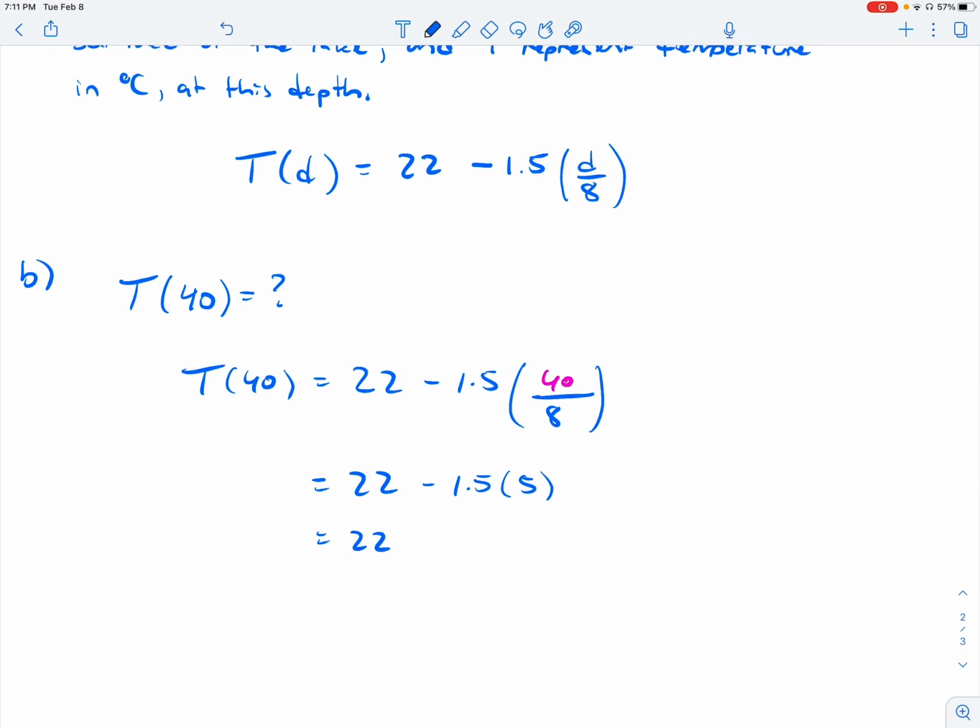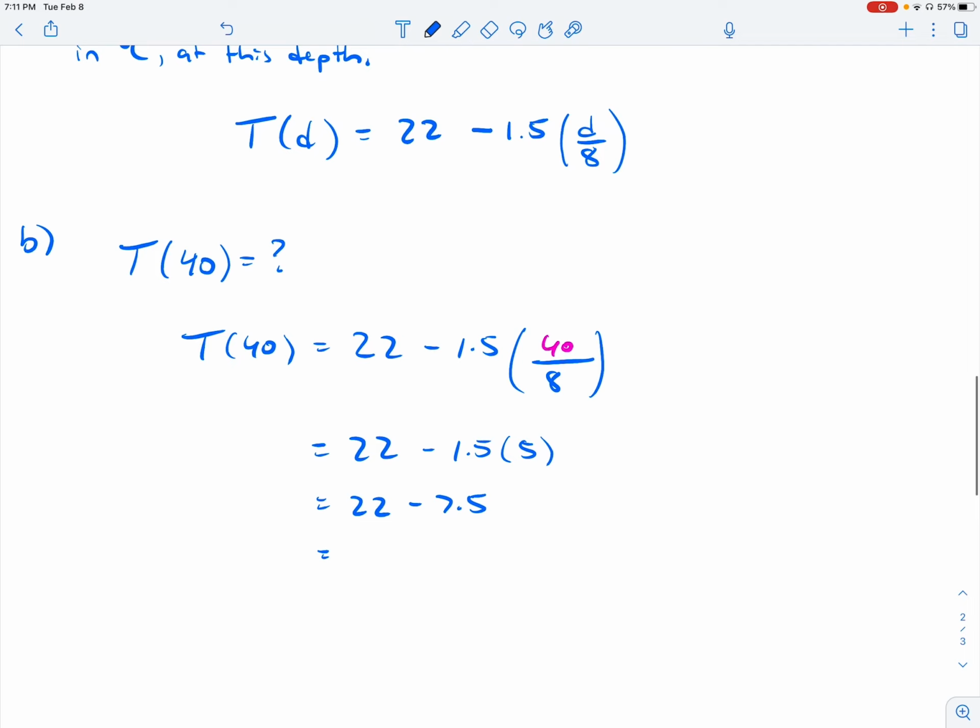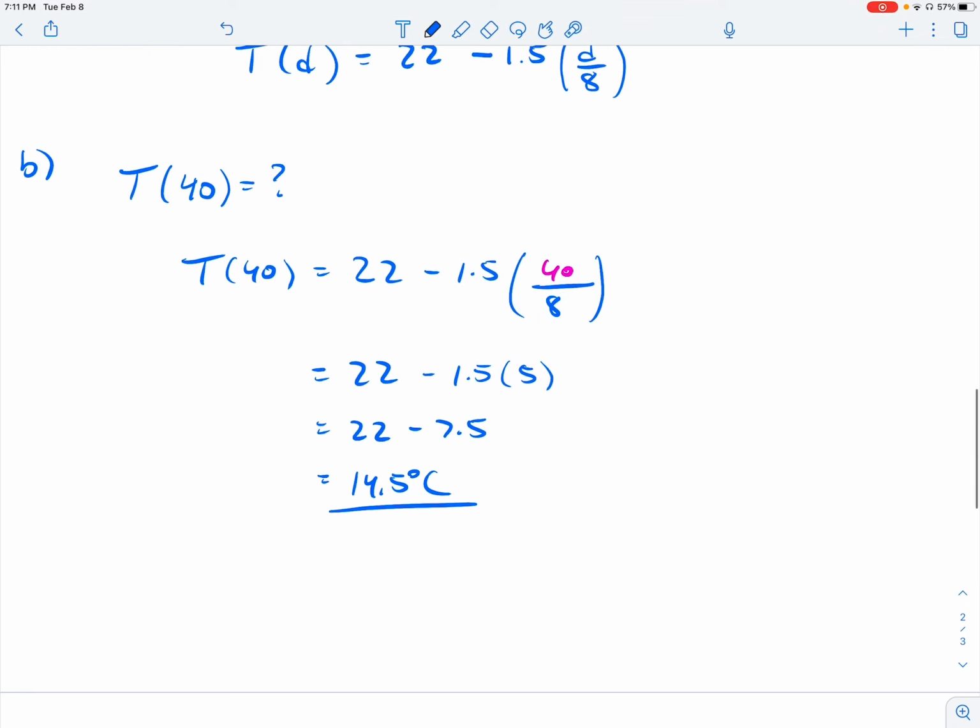And then 5 times 1.5 is going to be 7.5. 22 minus 7.5 is 14.5 degrees. So we could say therefore the temperature at a depth of 40 meters is 14.5 degrees Celsius.